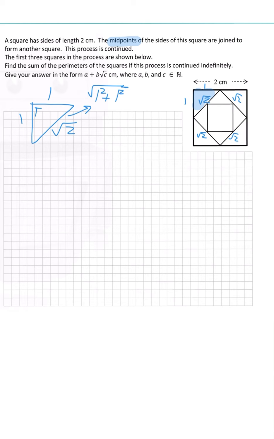Now I need to find the length of the next square inside this, and to do that, I'm going to focus on this triangle here. And that red triangle, I'll draw that out here, and the sides of that will be root 2 over 2. And again, root 2 over 2. It's root 2 over 2 because it's half of root 2.